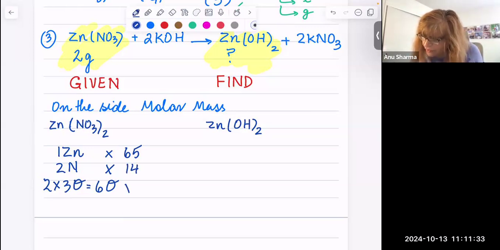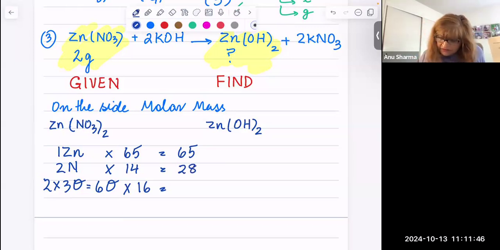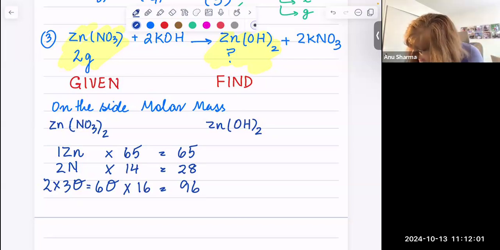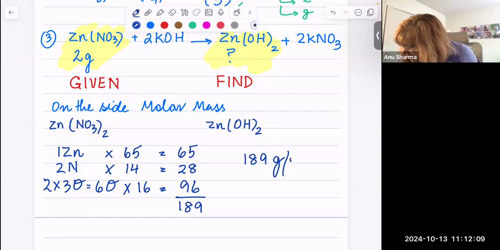It's okay to use it as 14. Oxygen is 15.99, so you can make it 16. So 65 plus 28 plus 16 times 6, which is 96. So 96 plus 28 plus 65, and what do you get? 189. So 189 grams per mole is the zinc nitrate.